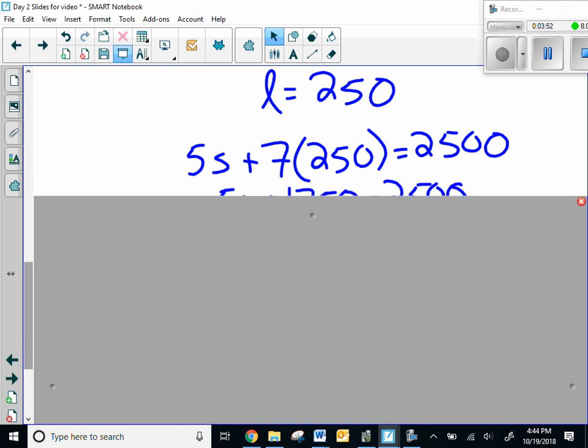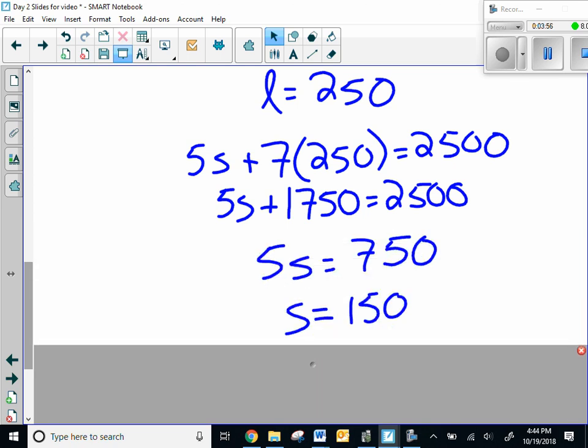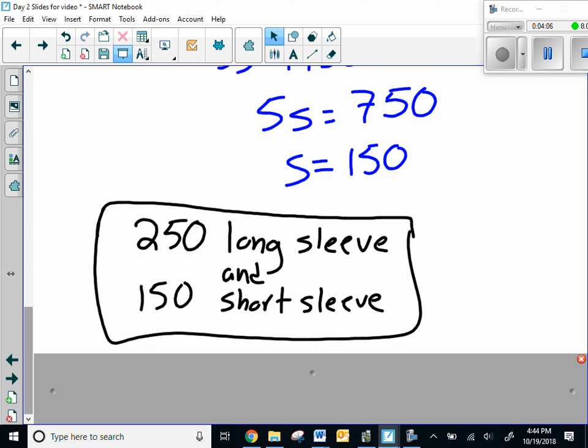So I plug that in, solve for S. Yeah, S is 150. And then, since this is an application problem, we got to make sure we have units on our answers here. So our final answer would be 250 long sleeve shirts and 150 short sleeve shirts. So there, we used that elimination method to figure out how many of each type of shirt they bought.